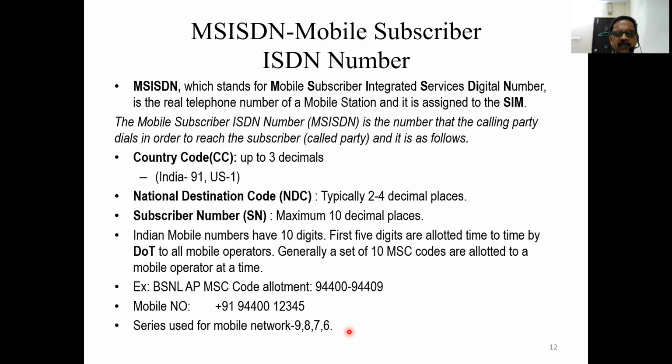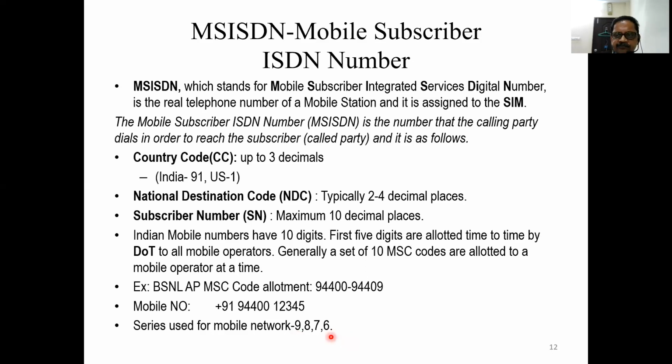So with levels 9, 8, 7, and 6, you can have 400 crores. At present in India we have approximately 115 to 120 crore mobile connections, so there is a lot of provision with these 4 digits.